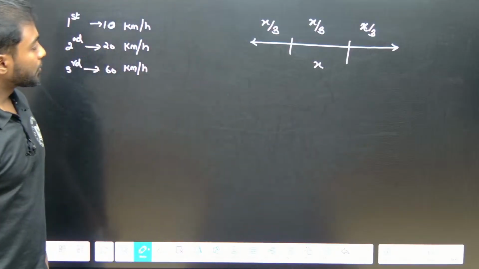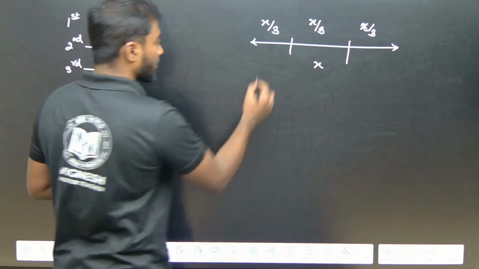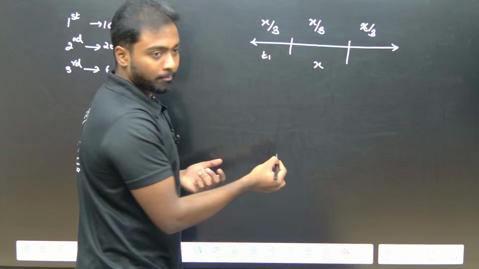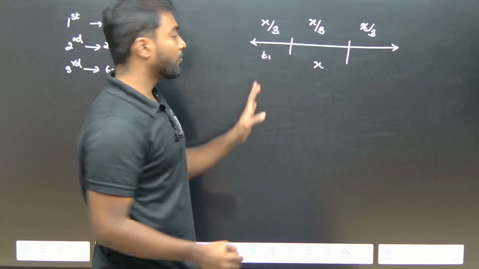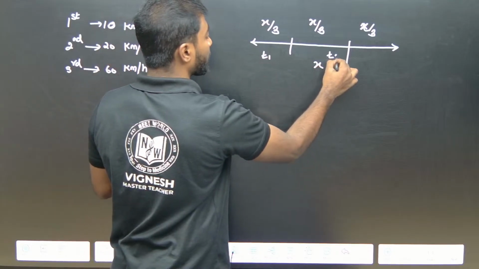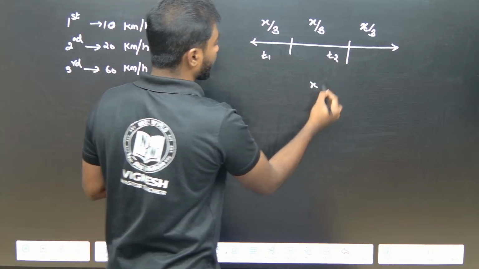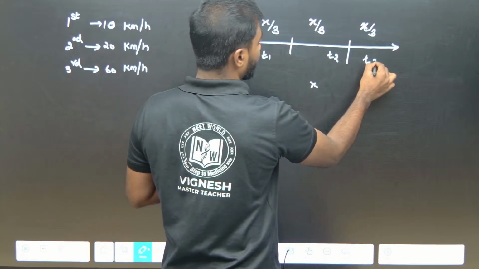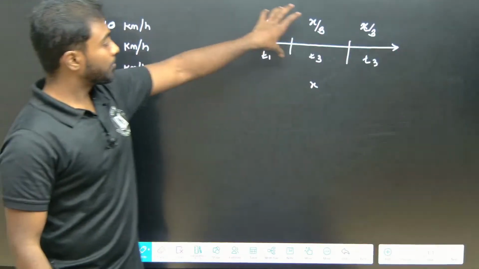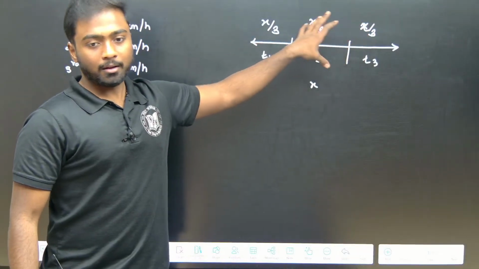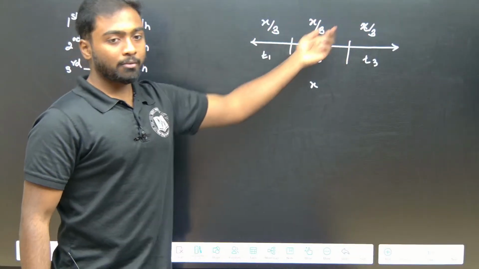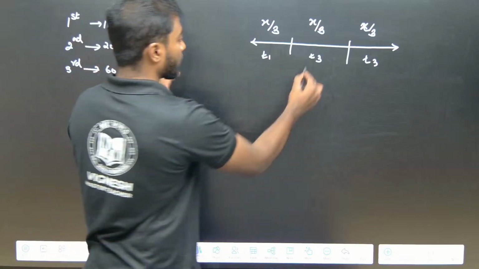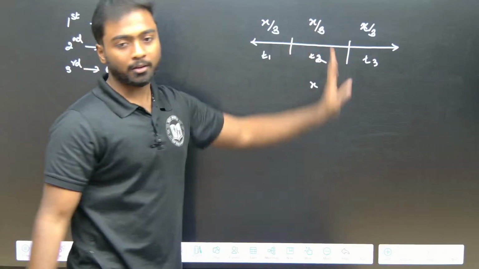Now, what will be the time taken? We don't know the time, so we take t1 for this part, t2 for this one, and t3 for this one. So we have some unknowns here: x by 3, x by 3, x by 3, t1, t2, t3.